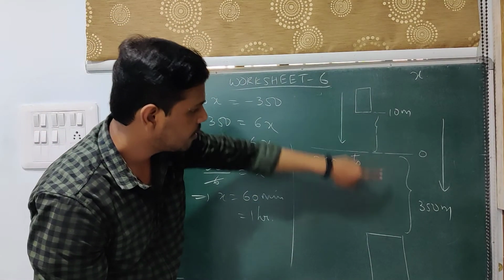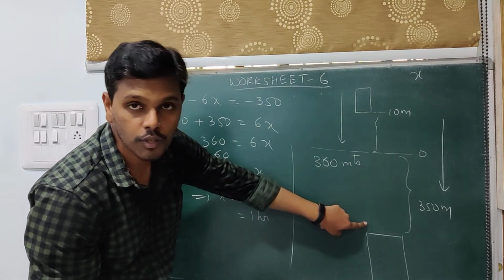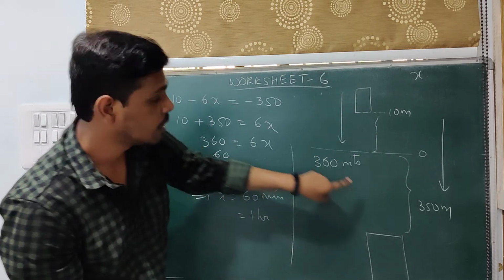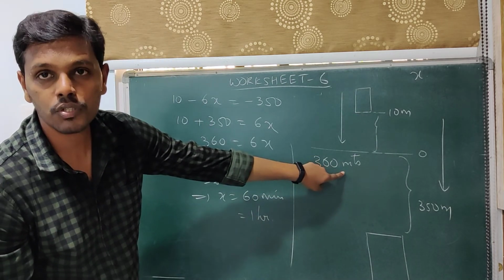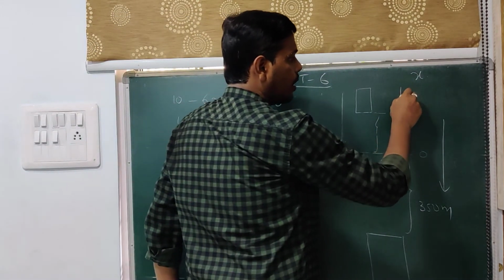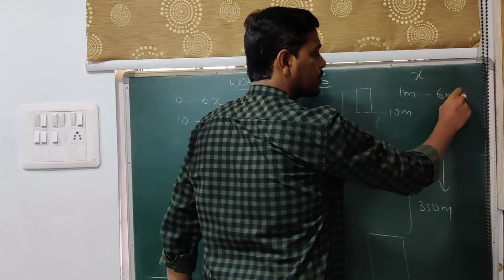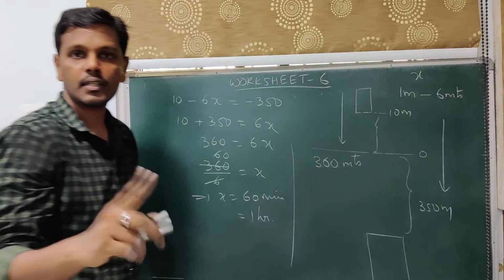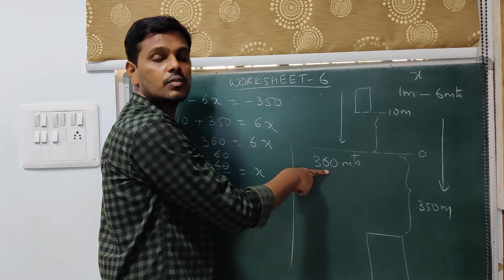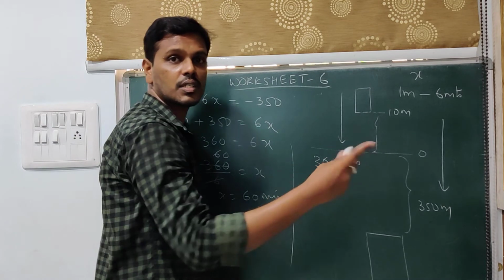It has to travel 360 meters from this point to this point, because this is 10 meters, this is 350, so total is 360. So it has to go 360 meters down, but it is going 6 meters in 1 minute. Now in how many minutes does it go 360 meters, just like this.